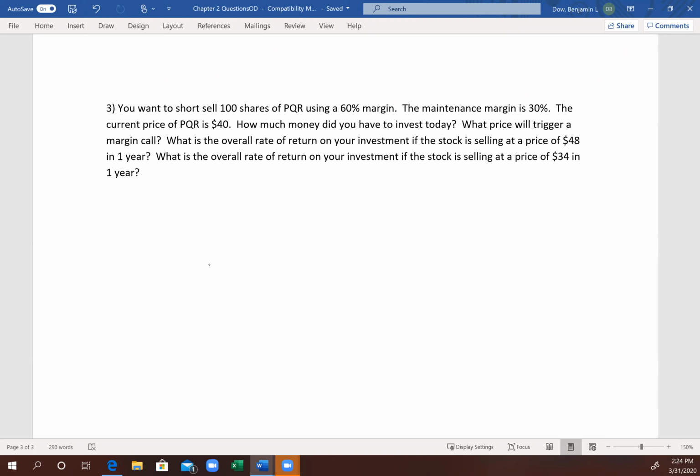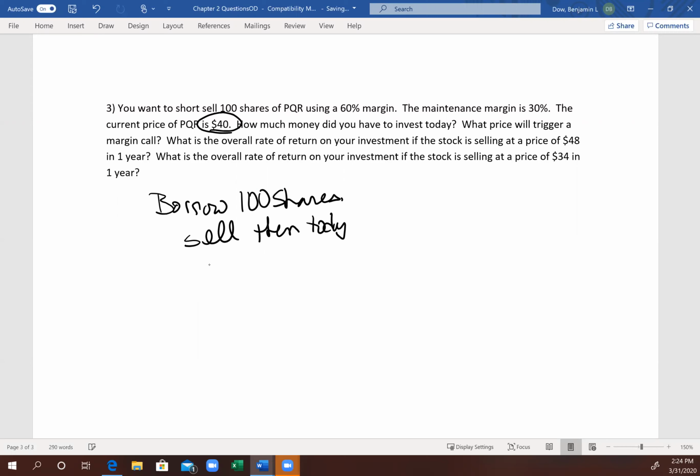So if you want to short sell 100 shares using a 60% margin, essentially what you're going to do is borrow 100 shares of stock, sell them today, and if the stock is currently at $40, you will generate $4,000 worth of cash.